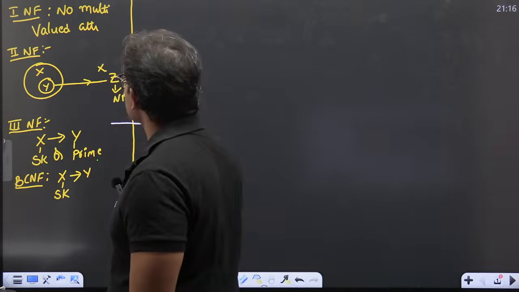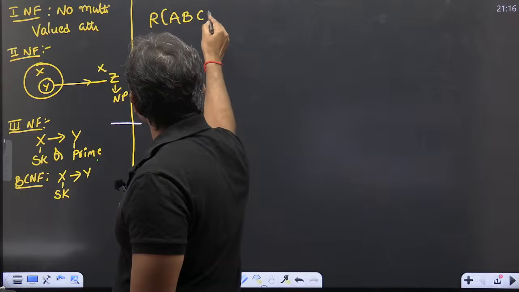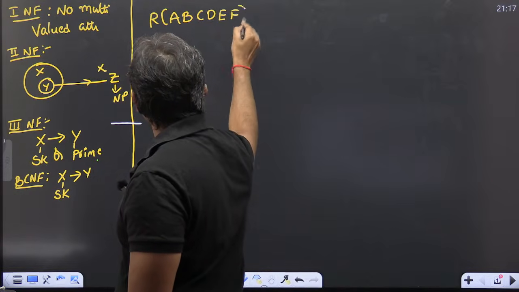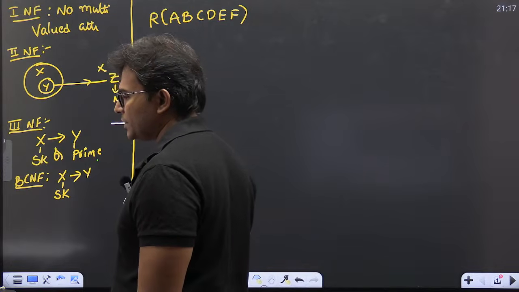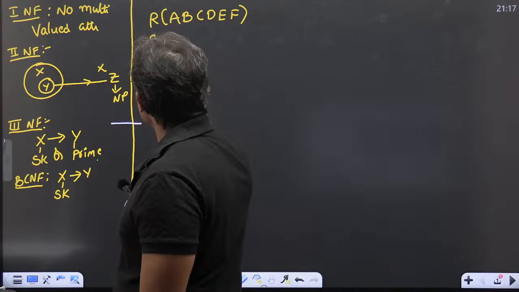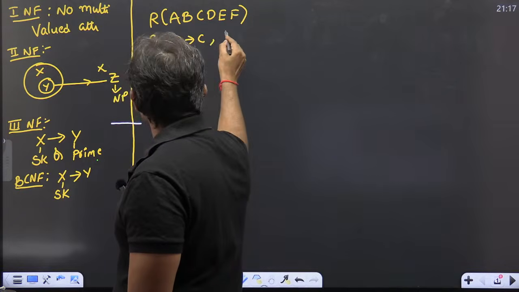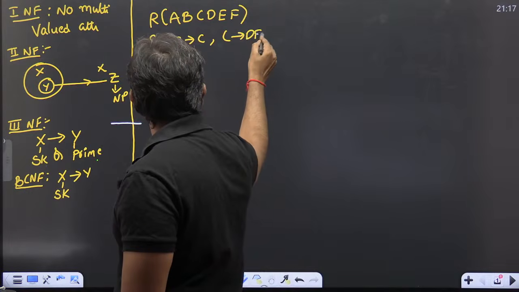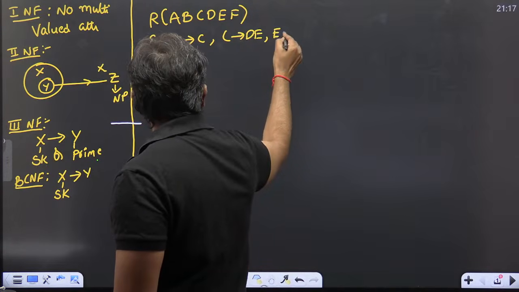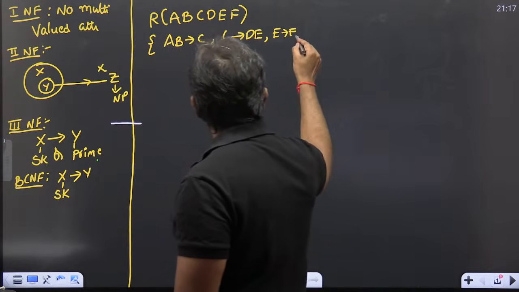The next one: the relation is R(A, B, C, D, E, F), and the functional dependencies are like this.